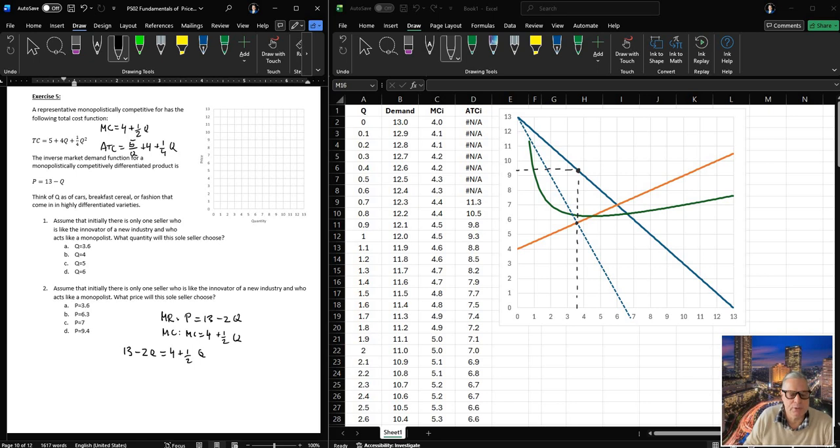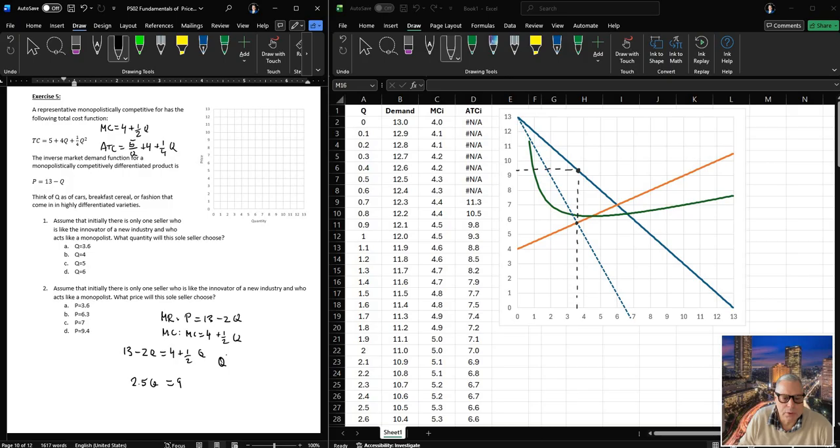Let's put them on one side, and we have 2.5 Q. So we put that on the other side, and we have to subtract the 4, so that is equal to 9. Now we divide 9 by 2.5.